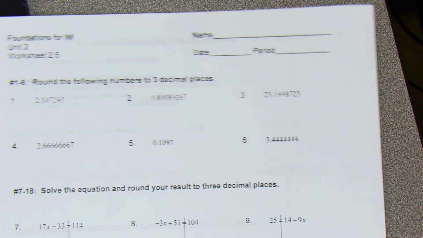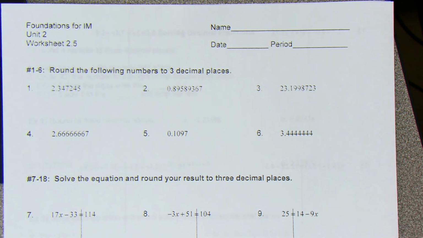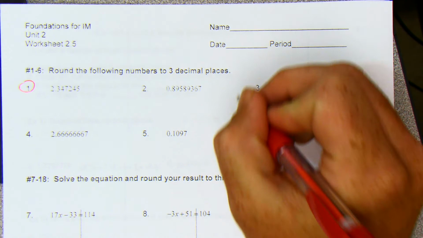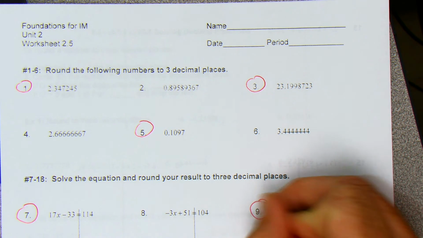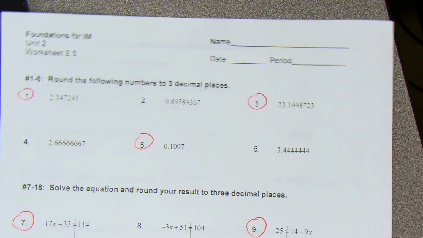This is what it looks like for this worksheet. Since it is due tomorrow, we'll only be completing the odd numbered problems, okay? So we will be completing numbers 1, 3, 5, 7, 9, 11. Let's flip over the back.